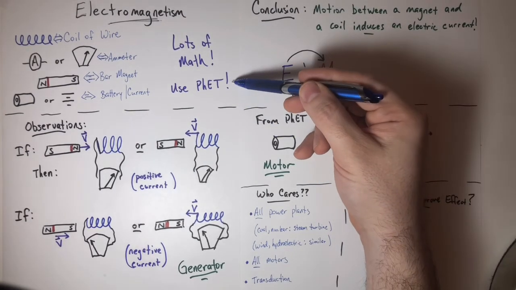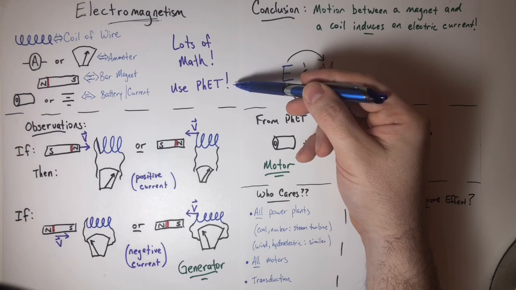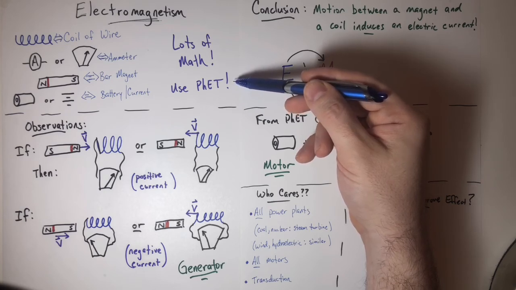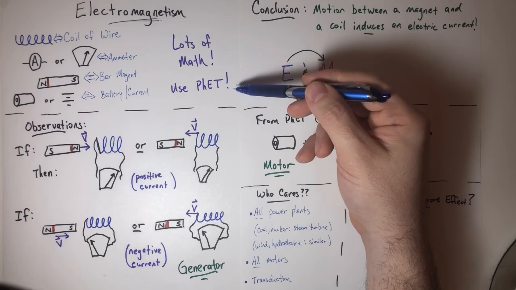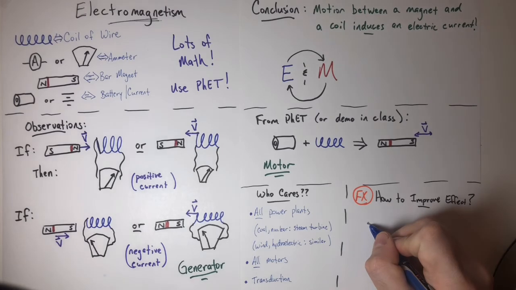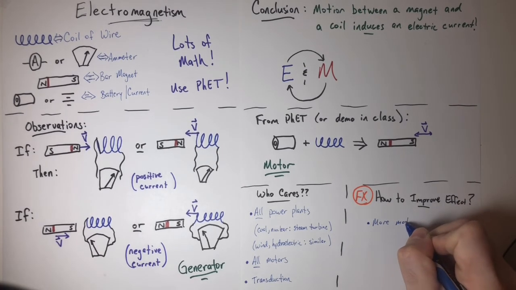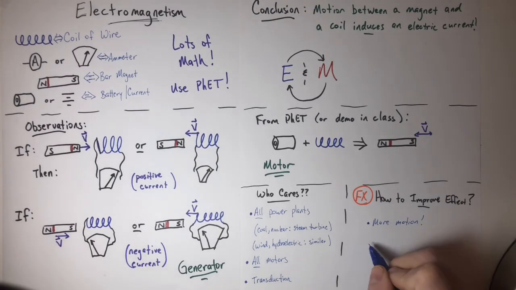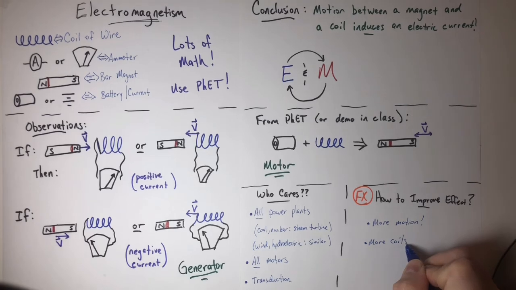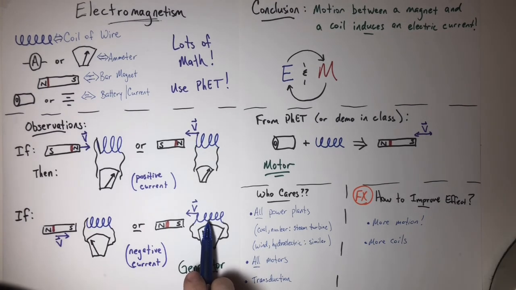If you go back into PhET and play around with the simulations that involve coils and batteries and light bulbs that are lighting up, you can see that there's a few ways that you can cause the light to light up brighter. One is simply to increase the amount of motion. Another is to increase the number of coils inside the coil of wire.